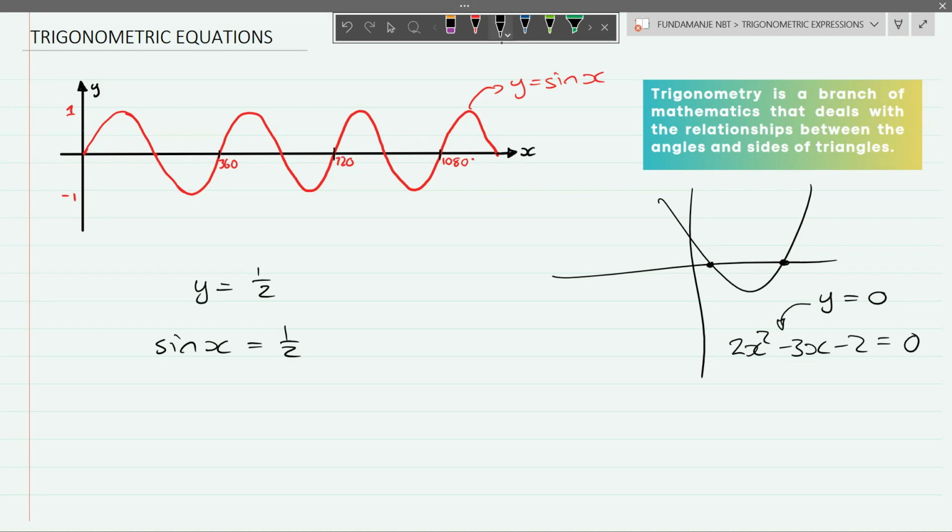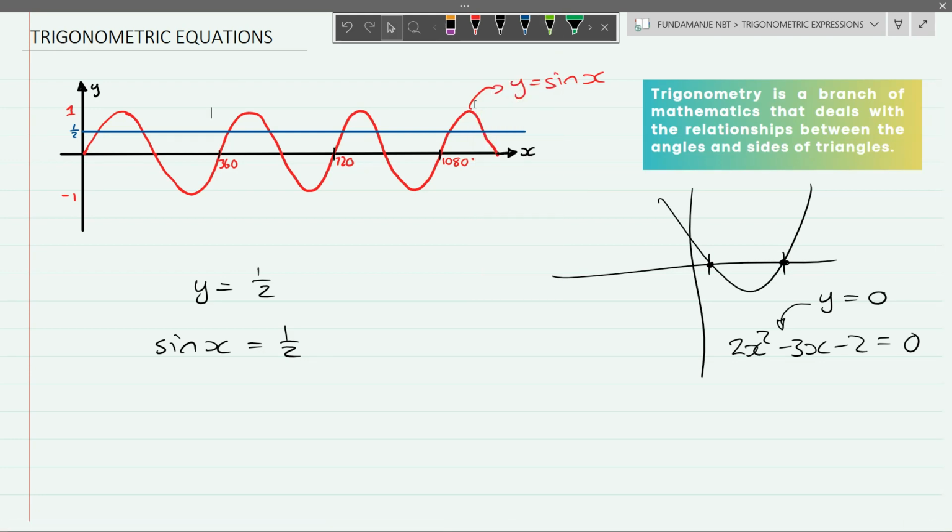Well, here we could actually draw the x-axis. We can see the points where our function is 0. Here we want to see the point where our function is a half, which could be somewhere over here. So drawing that, we can already see something is amiss, something is weird, because it doesn't only intersect once, or twice, but repeatedly.